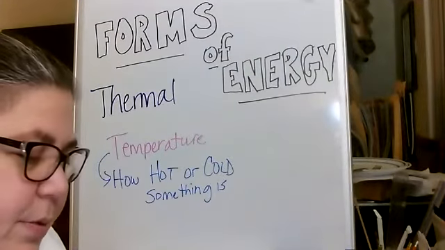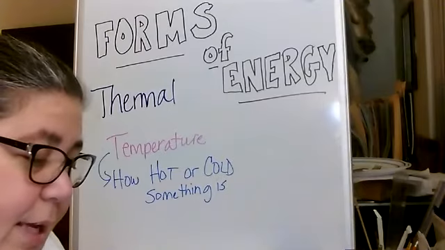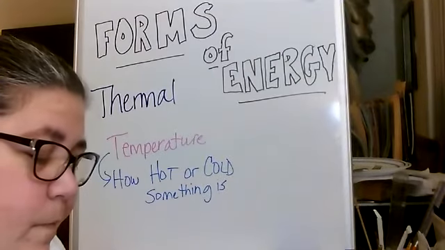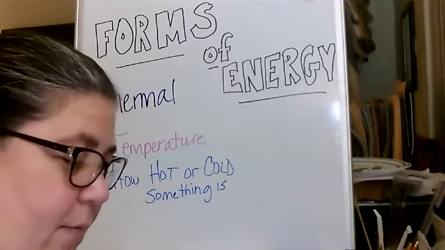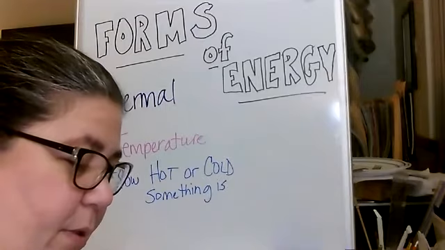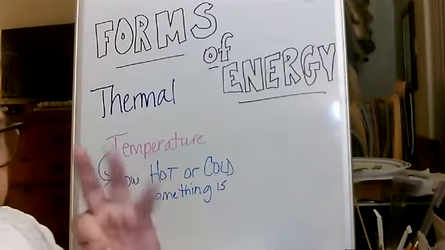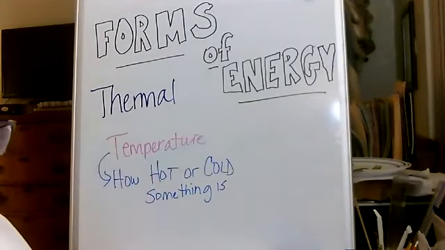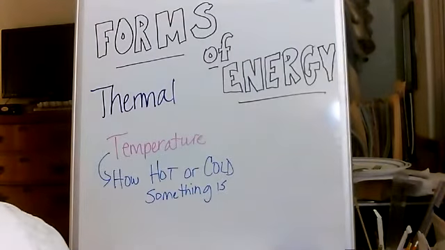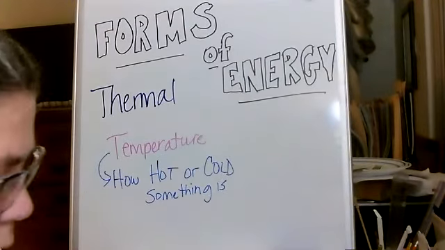Scientists will sometimes use the Kelvin scale, which is the SI unit for temperature. To convert between Celsius and Kelvin, we use a different formula. So we're talking about three different forms of measuring temperature.